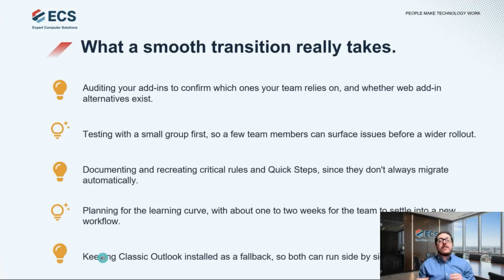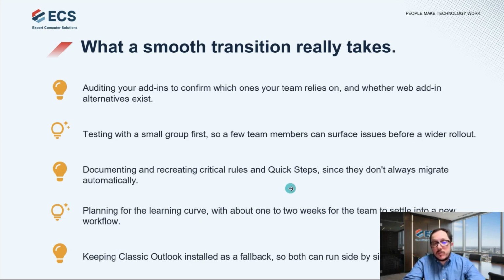So if you were to use the new Outlook, these are your tips and tricks that you should consider. First, audit your add-ins to confirm which ones your team relies on and make sure that you are not going to be missing something when you're using the new Outlook. Test with a smaller group, enable it, making sure that you're happy with how it works. It will take a little bit of time for you to get used to, especially if you've been using Classic for a long time.